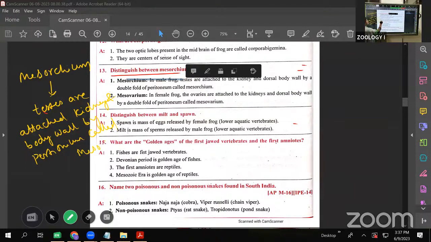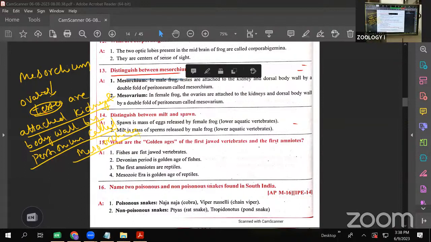What about the mesoovarium? Instead of testes, we write ovaries. The ovaries in the female frog are attached to the kidneys and body wall by the peritoneum, called the mesoovarium.